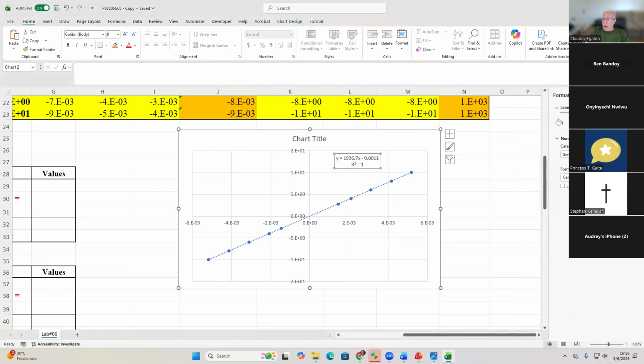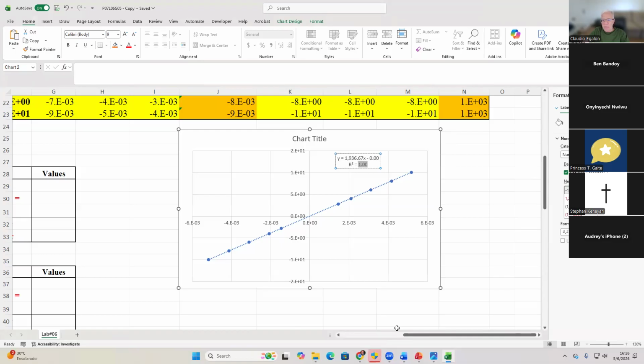So this pane is going to open up on the right side. Are you following, Stefan? Okay. And instead of general, you go to number. Note that it automatically increased the number of decimal places to 2, right? But my number is still 1.00.